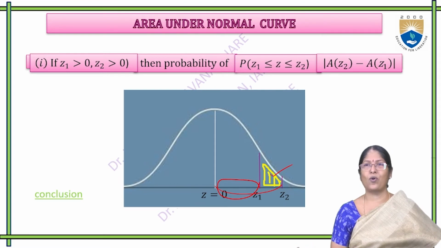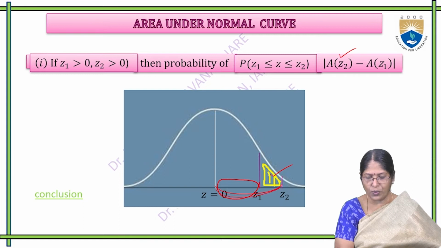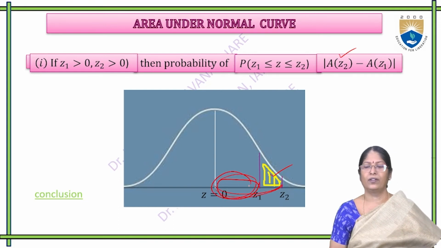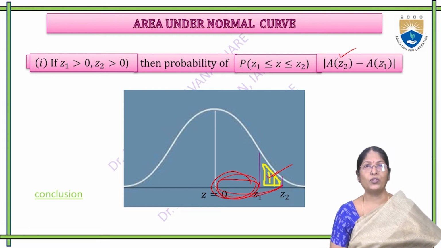Based on that concept, here it is written: area of z2 minus area of z1. We will get the shaded part area. Based on this concept, we are going to solve the problems. This is the content of this video lecture.